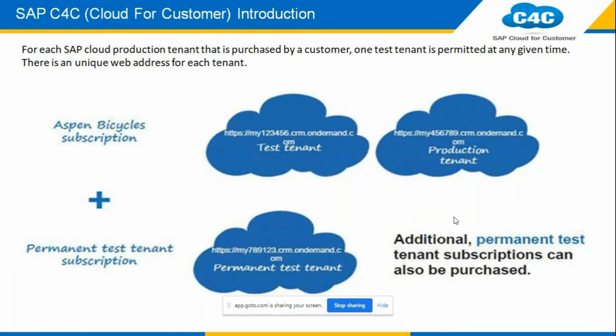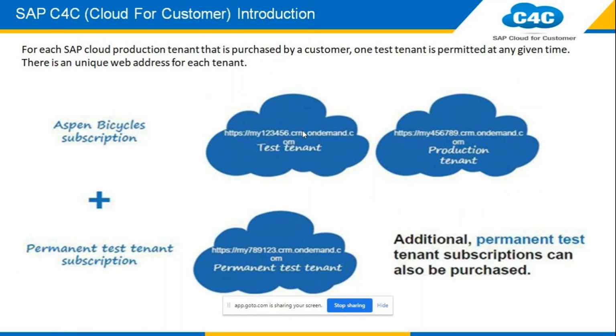This slide talks about the C4C tenant. Now, what is a tenant? You can see the word tenant here, and there is a URL mentioned. C4C is a cloud based application. What does cloud based mean? A cloud based application always comes with a URL.